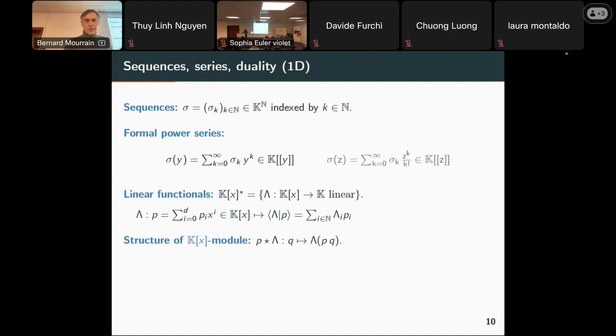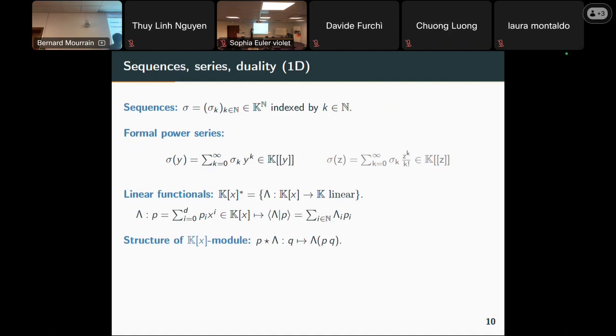So we have a bijection between all these objects: K^N, the formal power series in y, and the linear functionals on K[x].